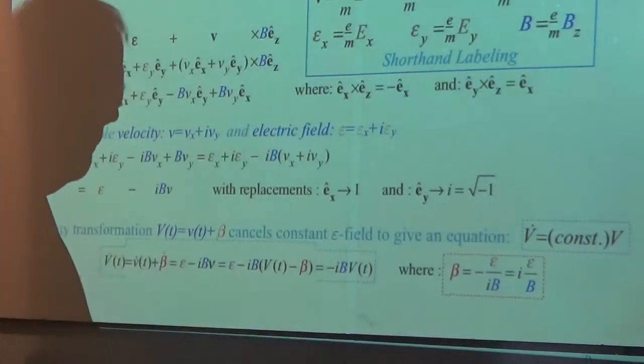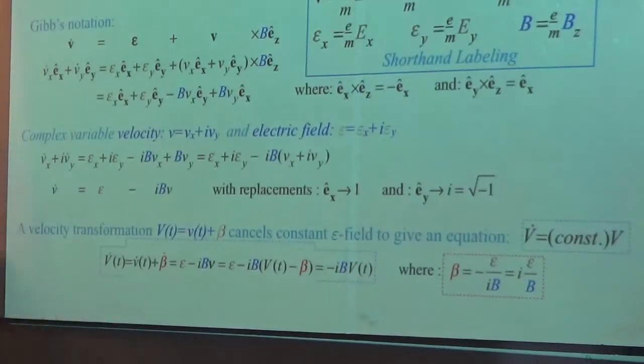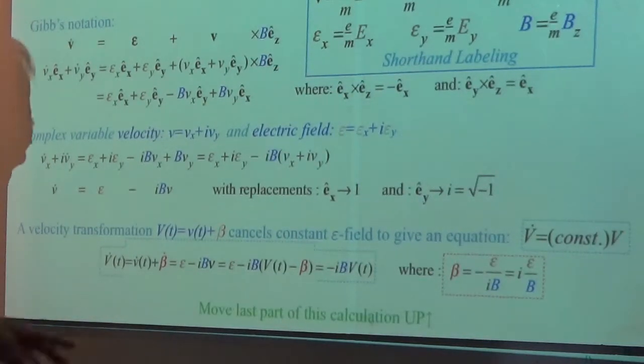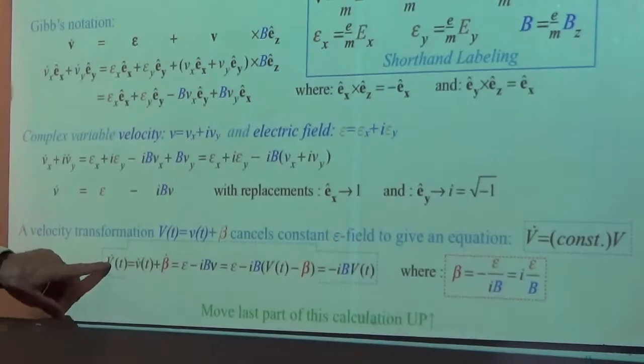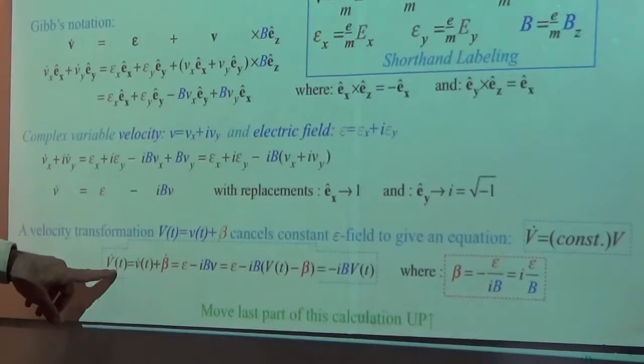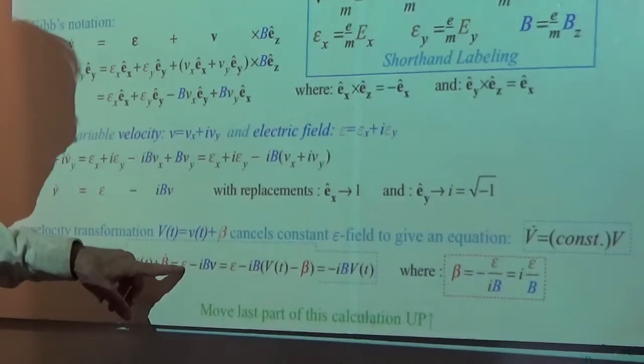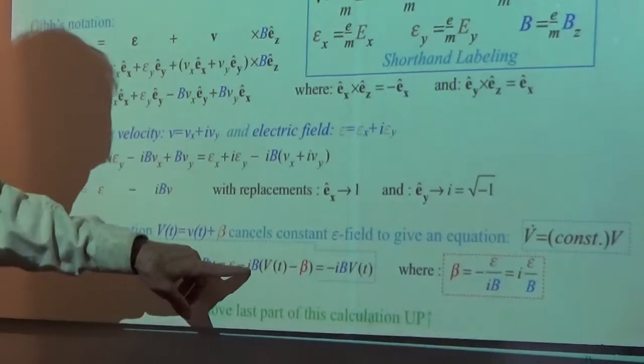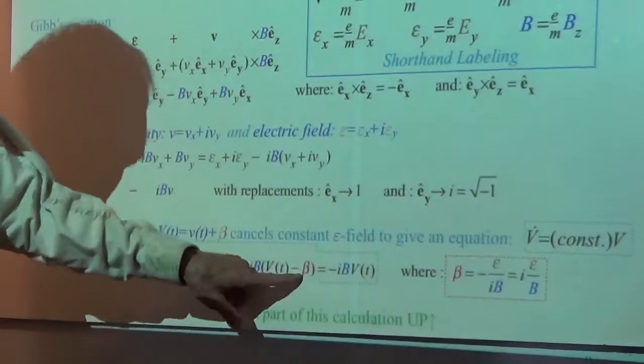So we end up with a much simpler equation that has just those expressions in it, namely big V dot that's got the boost inside it, is equal to this epsilon minus BV, and here's the V minus beta.